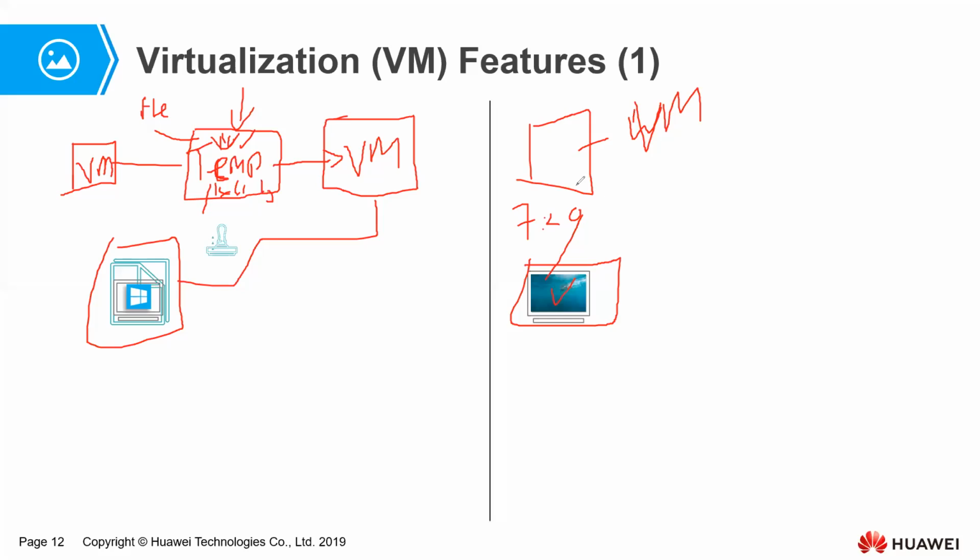Okay, even the IP address and everything will come. So it gives you all the settings of each of these cloned virtual machines, including the host name and IP address, the same as those of the source virtual machine.